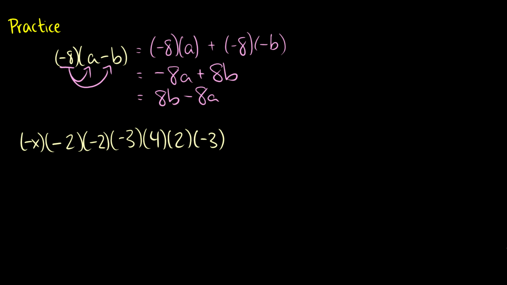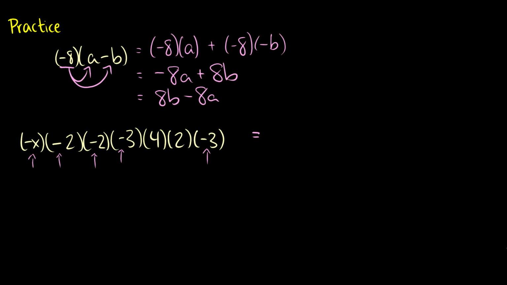Question number 2. This is meant to be an exercise of how far you can extend your knowledge of negative multiplication. So here's what we do. We're going to count our negative signs here. We have 1, 2, 3, 4, 5 negative signs. So what's our final result going to be?